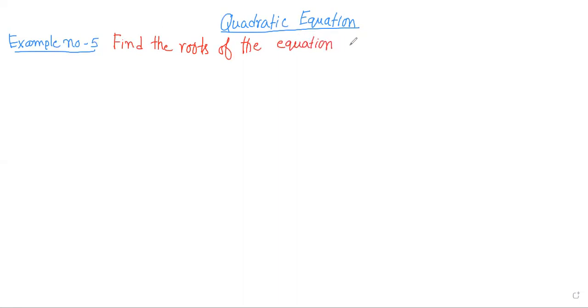Find the root of the equation thrice x square minus 2 root over 6x plus 2 is equal to 0.